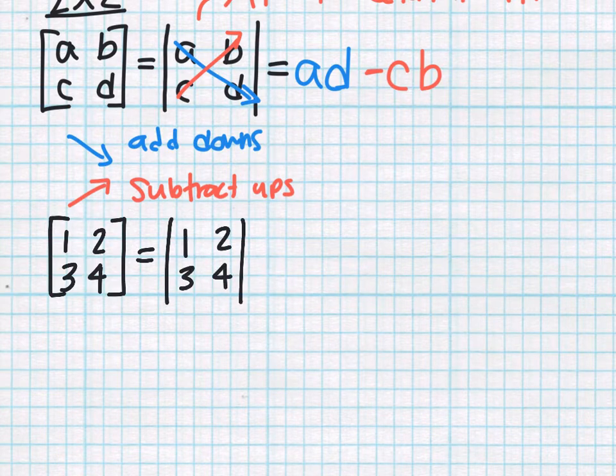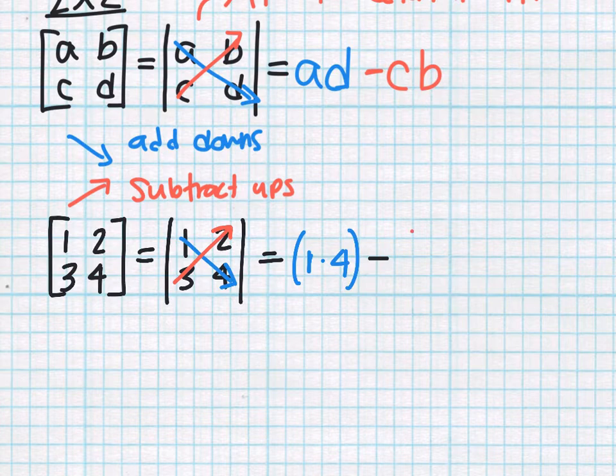So I'm just going to follow my same little formula here. I'm going to multiply these two. So that's 1 times 4. Keep that positive, and then I'm going to subtract the other diagonal, the up diagonal.